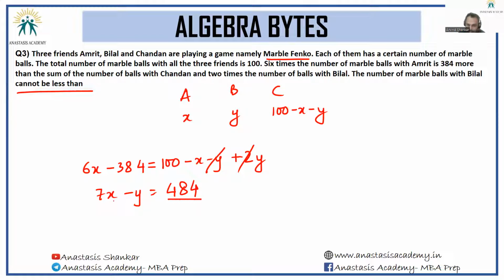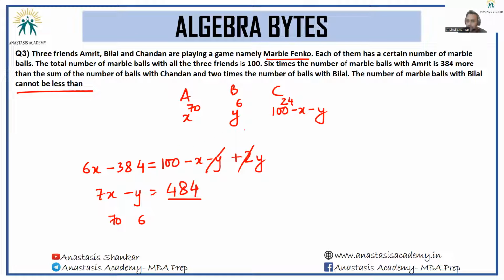This number here, 7x minus y is 484. Can you find a multiple of 7 greater than 484? Of course, the next multiple that you would see is 490. So at x equal to 70, y will turn out to be 6. 490 minus 6 gives me this. X is 70, y is 6, c will turn out to be 24.